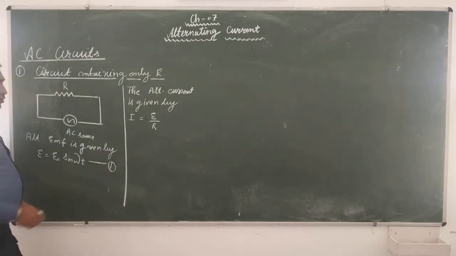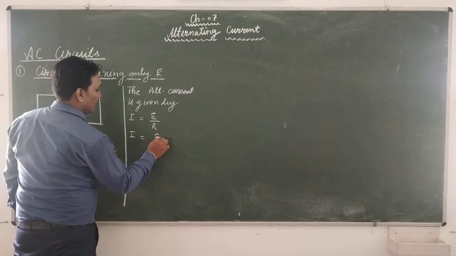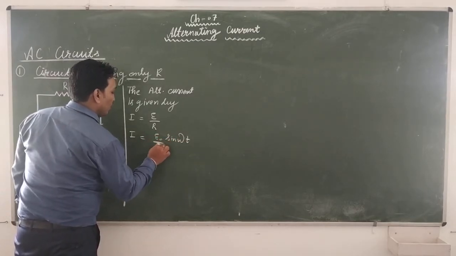The value of E is E0 sin omega t. We are going to have I is equal to E0 sin omega t upon R.